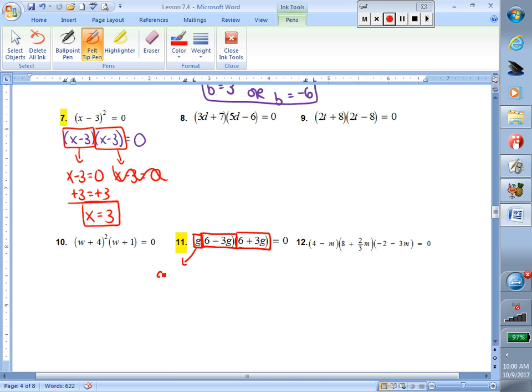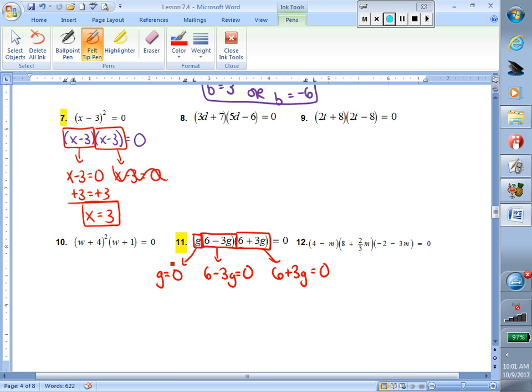So if we can get g to equal 0, 6 minus 3g to equal 0, 6 plus 3g to equal 0. So in this case, we're going to have 3 different solutions that could work.